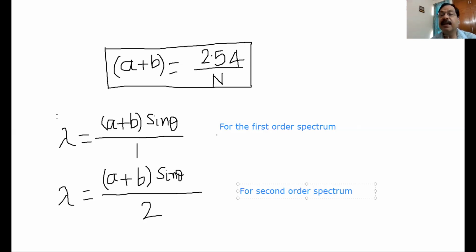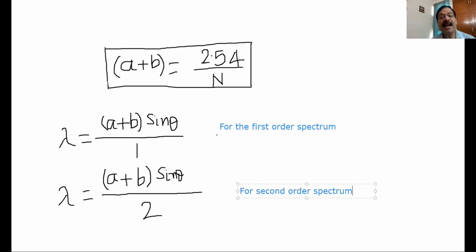So we can calculate the wavelength for violet color, green color, yellow color, and red color, and these are the prominent lines. These are the wavelengths of prominent lines of mercury source.